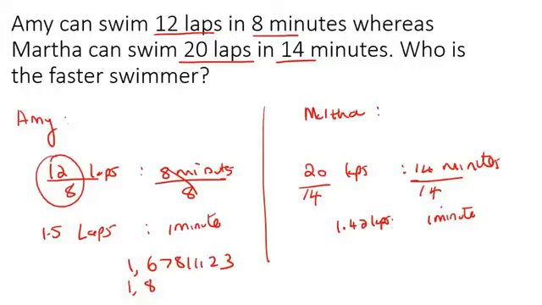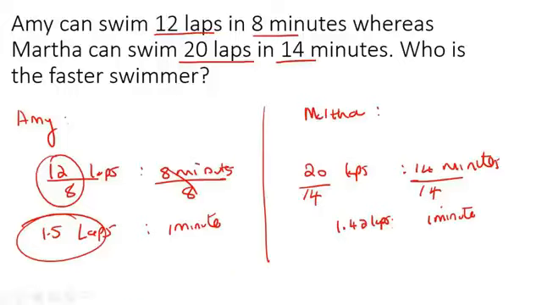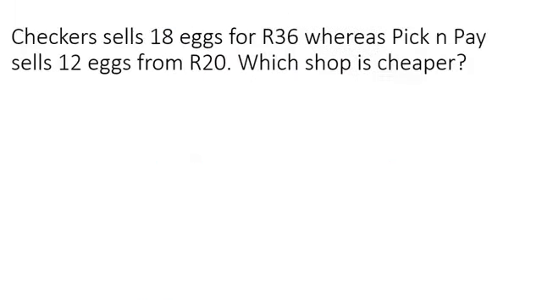This one. So straight away, this is the bigger number. So Amy can swim more laps in 1 minute. So in 1 minute, Amy can swim 1.5, whereas Martha can swim 1.42. So Amy is faster.